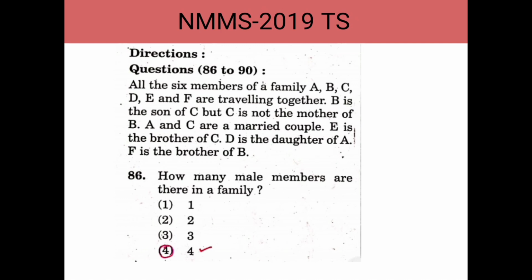E is brother of C. D is daughter of A. F is brother of B. And the question is, how many male members are there in the family? For this you have to write all the members' details in an order, and we have to conclude the answer from the details.